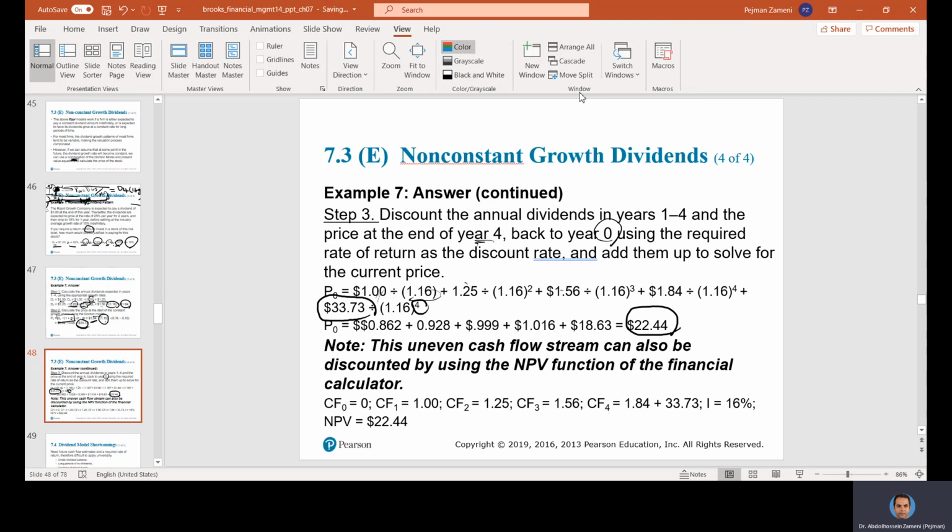This is just using the single cash flow formula. If you remember, PV was FV divided by (1 plus R) to the power of N, where FV is the dividend for us in this case. When we put all this together, we get $22.44.